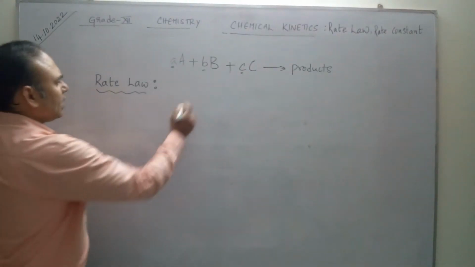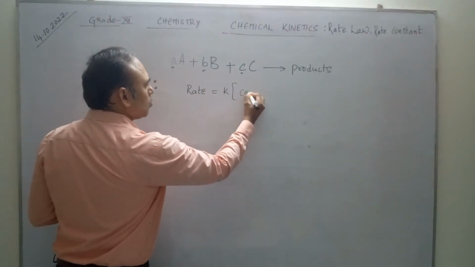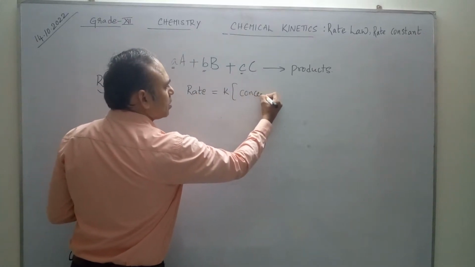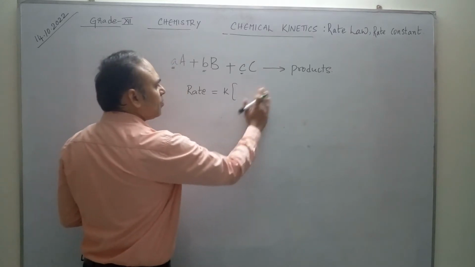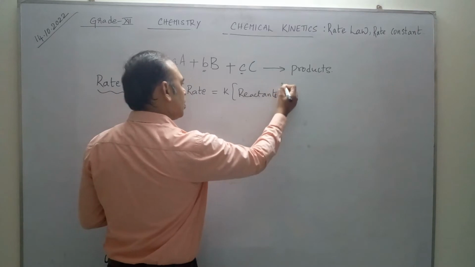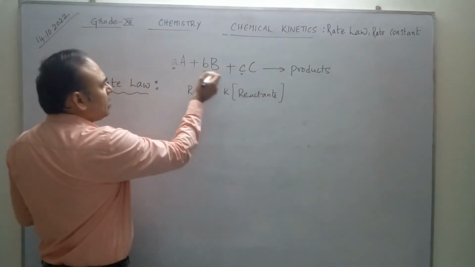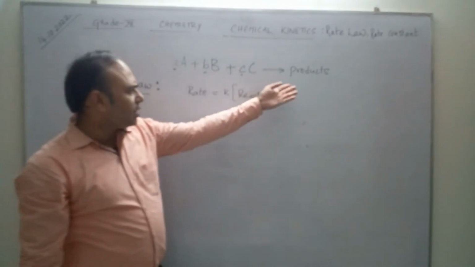So if you want to write like this, rate is equal to k into the concentration of reactants, like this, let us see. Now you have A, B and C. We have written as power.